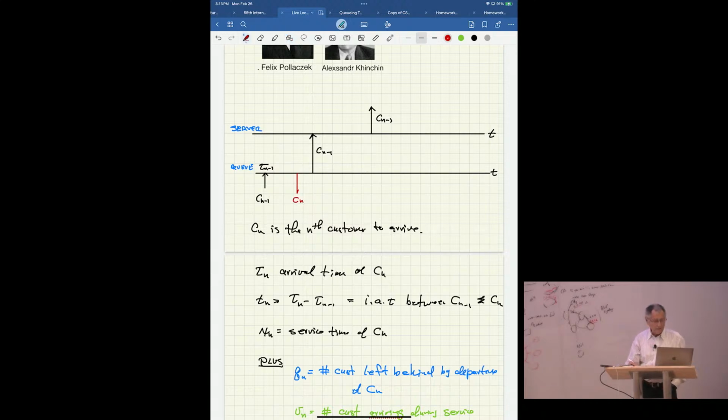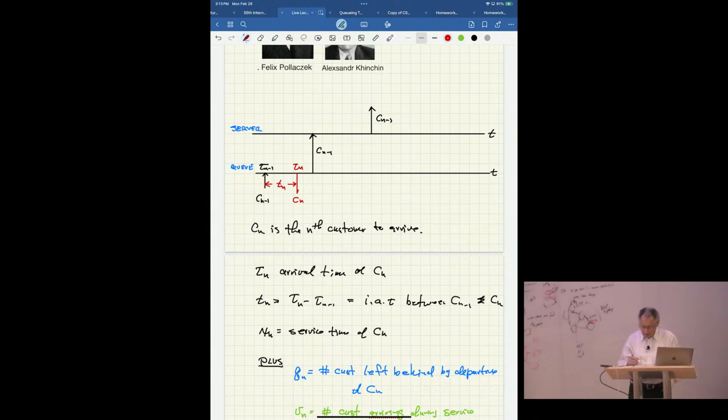What time does he arrive? Tau n. And of course, then, what is this interval that I'm drawing? Little tn, that's right. You've seen these pictures before. I want to get you comfortable with them.